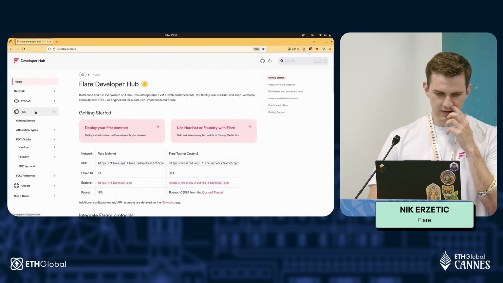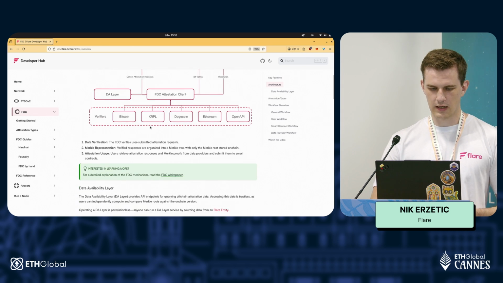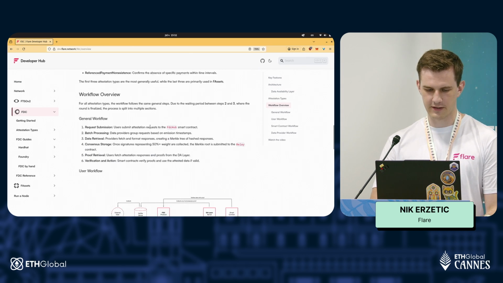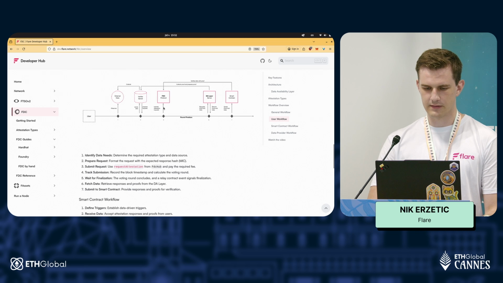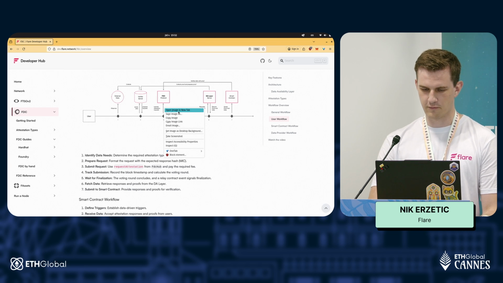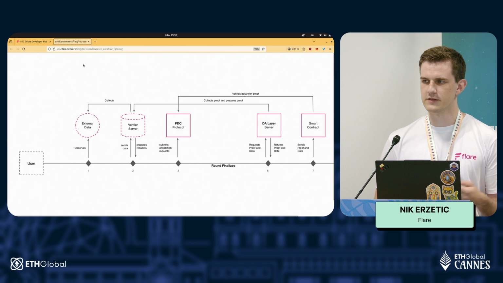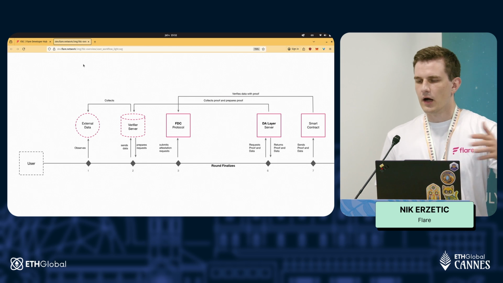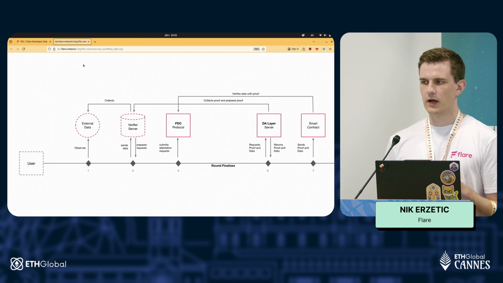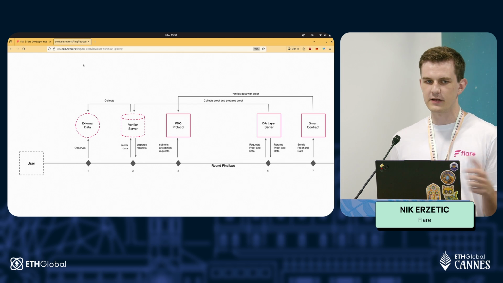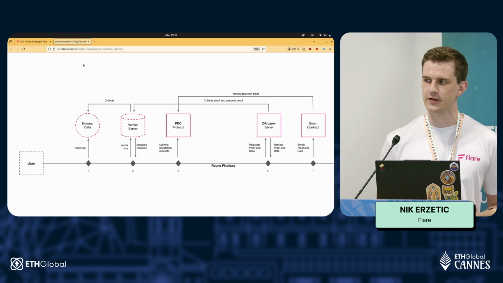So, first of all, let's look at this diagram here that explains the user workflow for using the FDC. Let's say you're building a DApp that needs some external data to function.